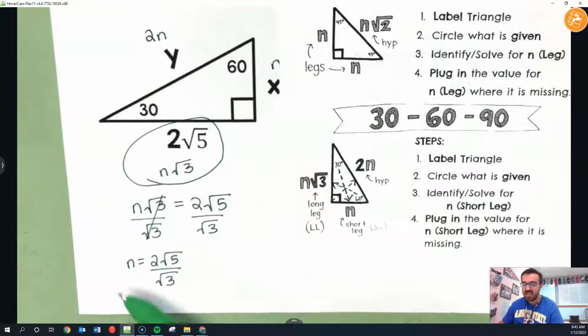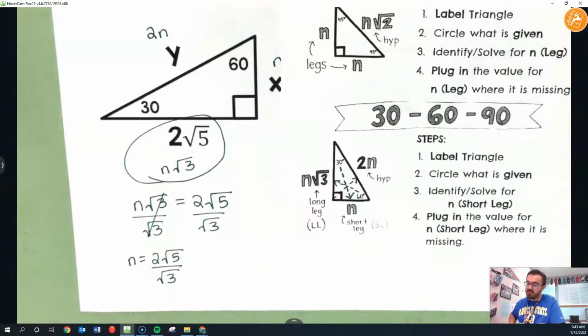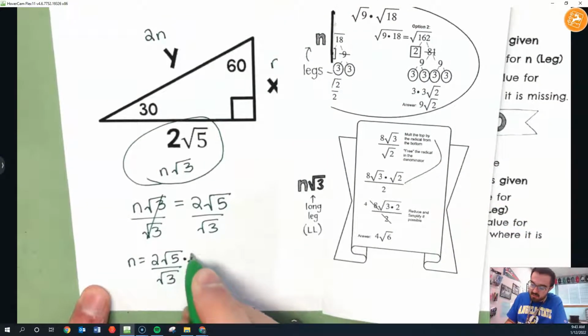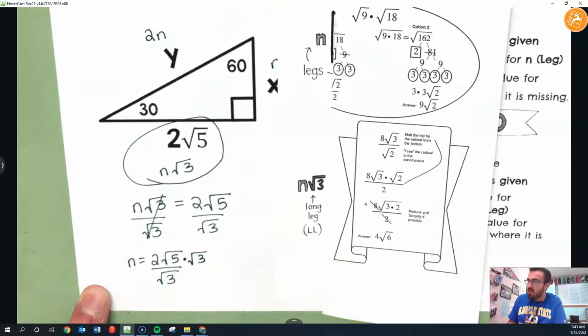So the reason I can't circle this as my final answer for n is because there is a square root on the bottom. So if you look at your steps for getting rid of a square root on the bottom, you multiply the top by the radical from the bottom. So you're going to multiply the top by root 3, and then I'm going to free the radical from the denominator.